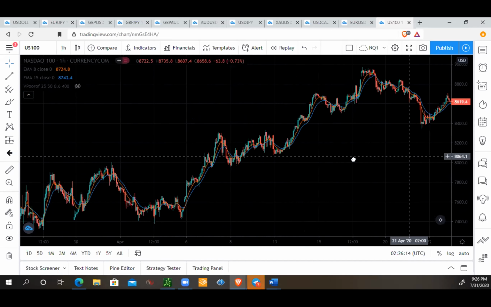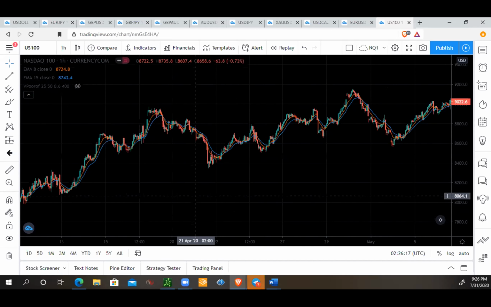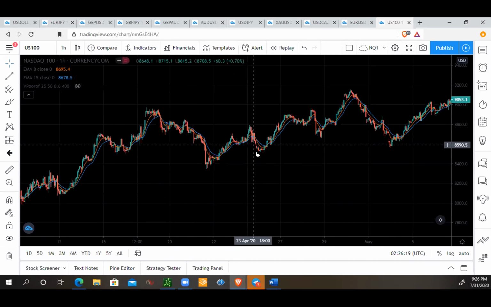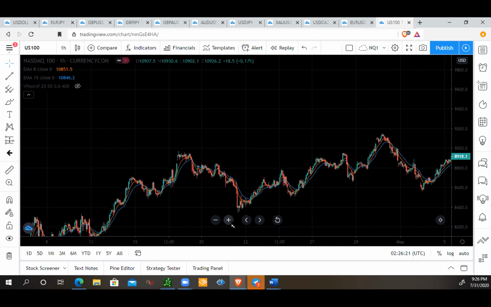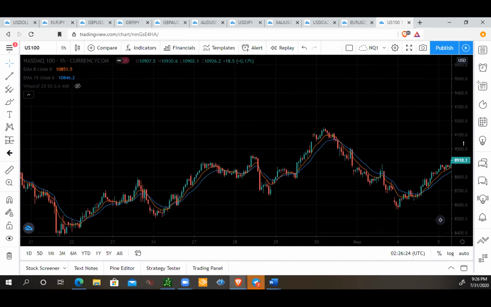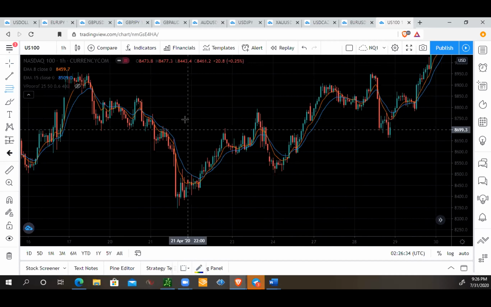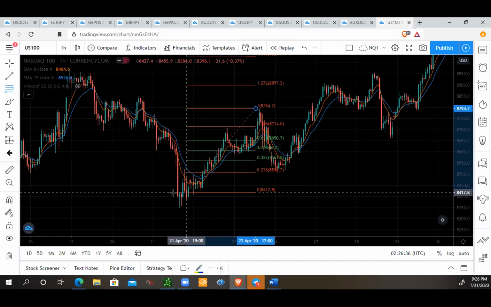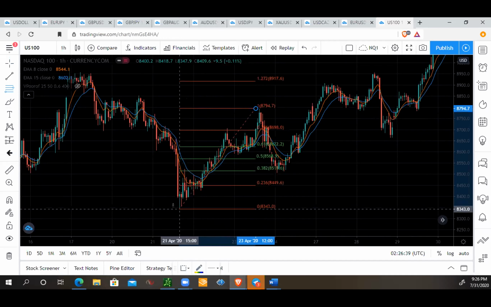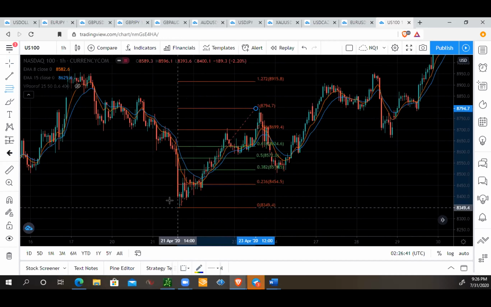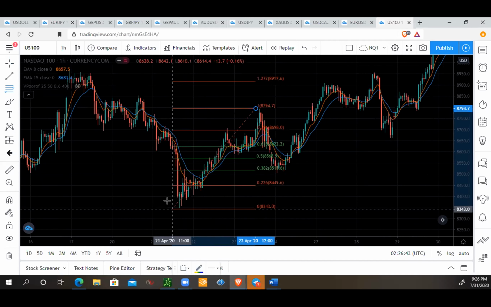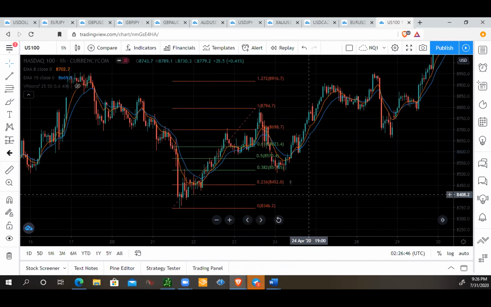It ain't even giving you any 50% moves. NASDAQ has been going up. Okay, this might be one right here. Let's put the fib on it. Actually, this move started right there, finished right there. That's a little lower, but it probably will work. We'll try it.